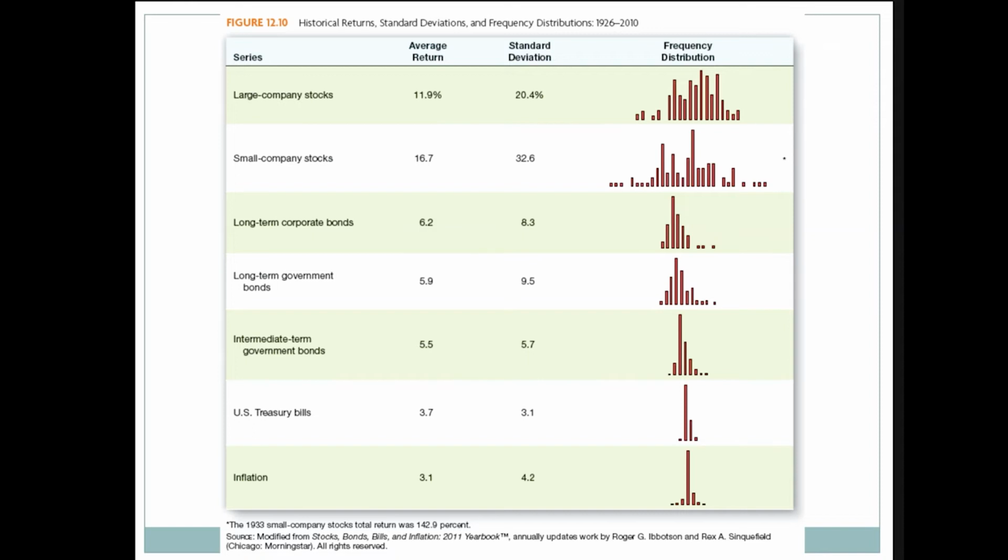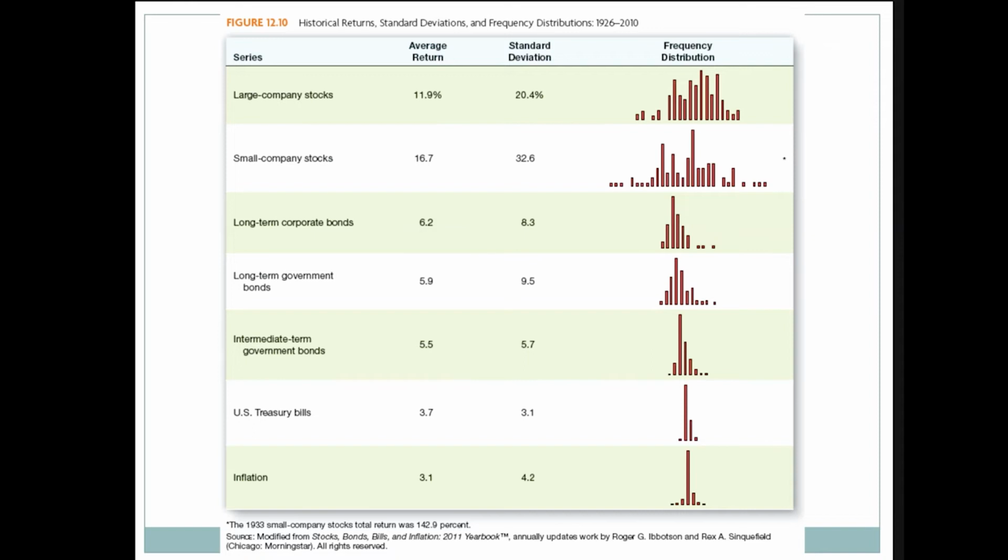So that's huge. I mean, the fluctuation of 32% around the average is enormous. Whereas for long-term bonds, the risk is quite small comparatively, 8%. For long-term government bonds, it's 9%. For short-term treasury bills, it's 3%. The risk is relatively small comparatively.